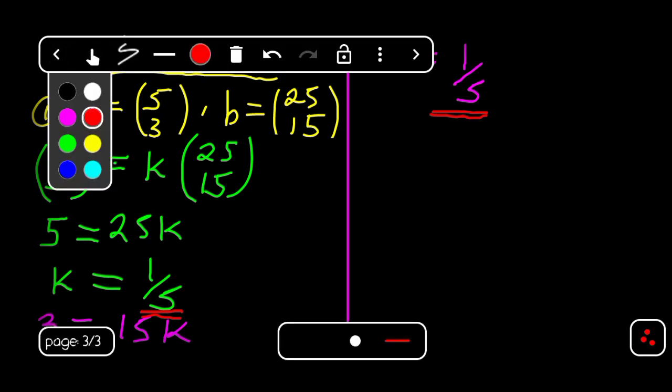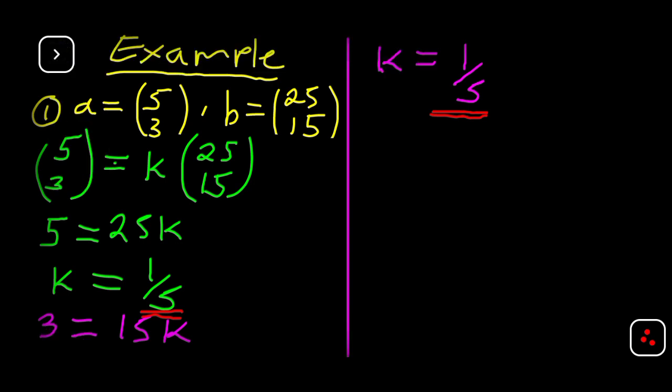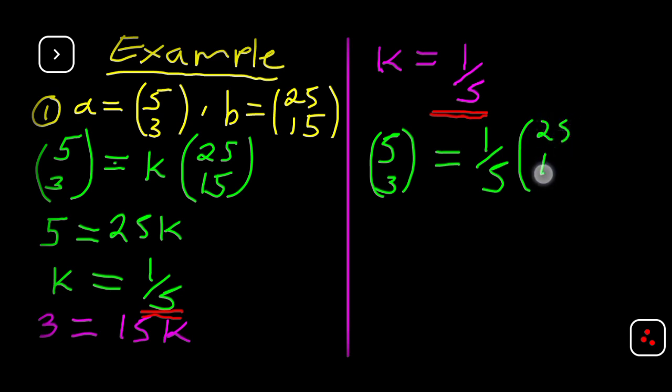Therefore, we can move on and say that vector A, which is (5, 3), is equivalent to 1/5 of vector B, which is (25, 15).